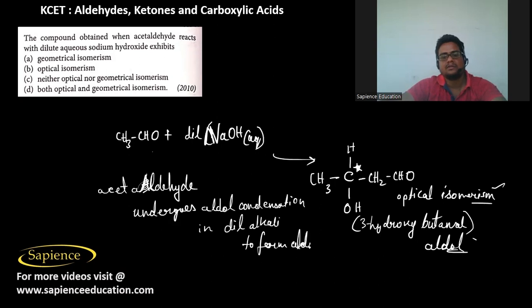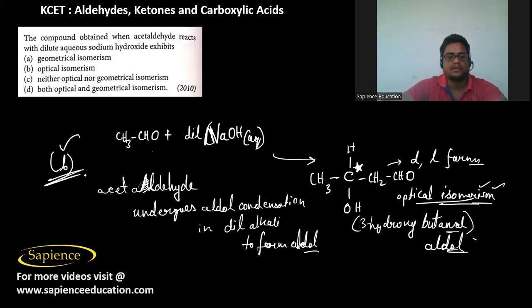The IUPAC name of this aldol is 3-hydroxybutanal. So here we have one asymmetric or chiral carbon, so we can have the D and L forms. It means that it will show optical isomerism only. So option B is the correct answer.